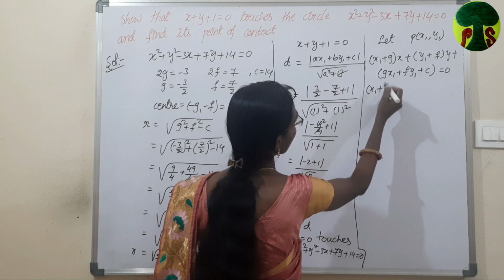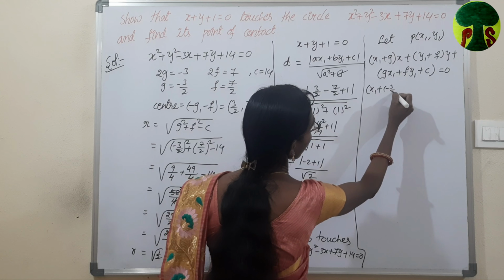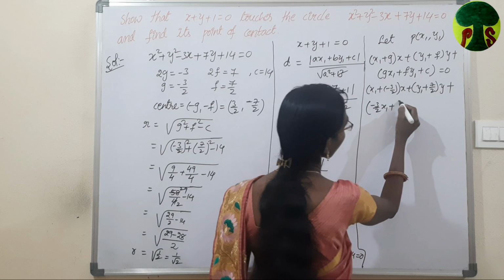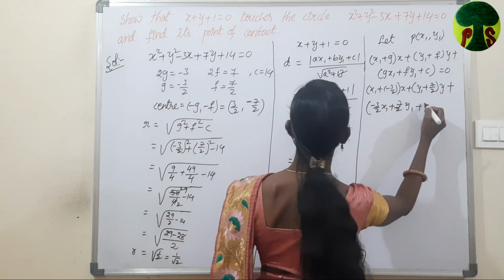x1 plus the value of g is minus 3 by 2. So minus 3 by 2 into x plus y1 plus f value is 7 by 2 into y plus g is minus 3 by 2 x1 plus f is 7 by 2 y1 plus the value of c is 14 is equals to 0.